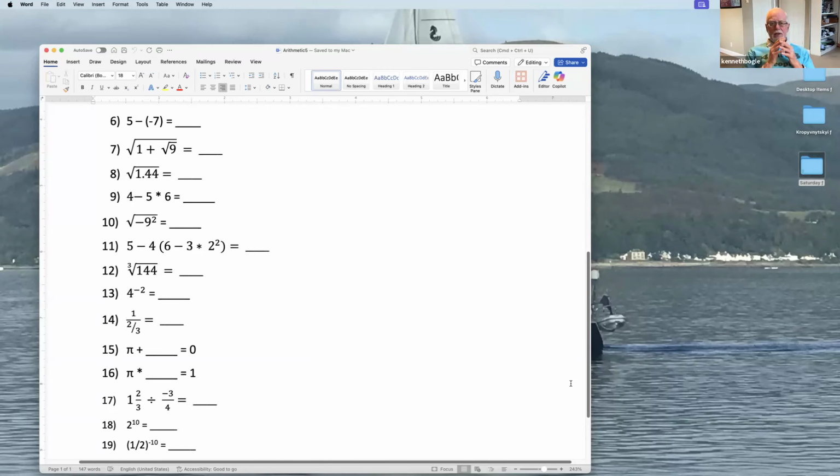Yeah, and again, that becomes the question. Do we attach the negative sign to 9 first? Because if we do, negative 9 squared is 81, and the square root of 81 is just 9. But if we do not, 9 squared becomes 81. We're trying to take the square root of negative 81, and that becomes an imaginary number. The way in which this is written is ambiguous.